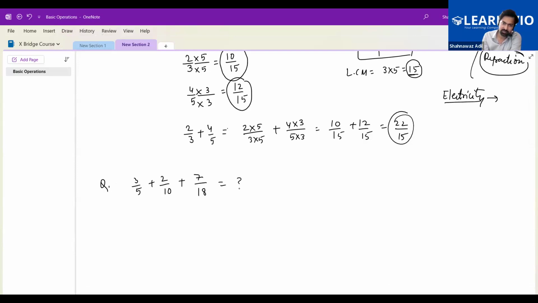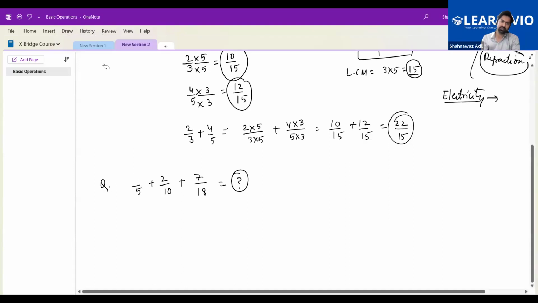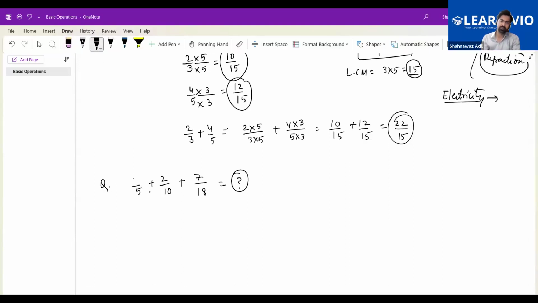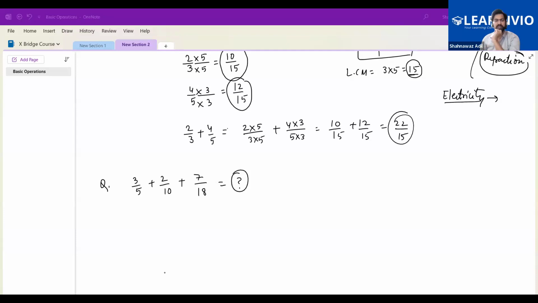So please find the addition of these three fractions. Please solve this part and tell me what you guys are getting. Yes, please do this calculation and tell me. What did I write? Yeah, 80.